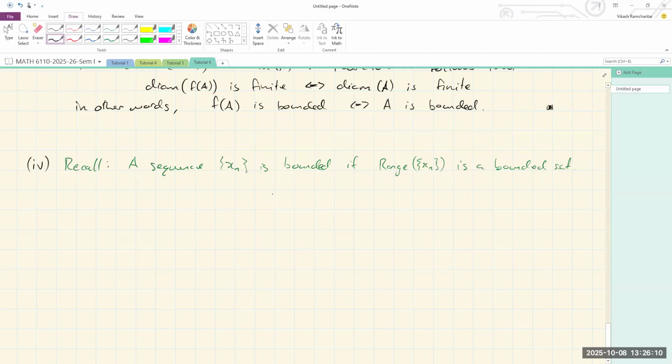So a sequence is bounded if the range of it is a bounded set. The range of it is just the set of all possible distinct points.